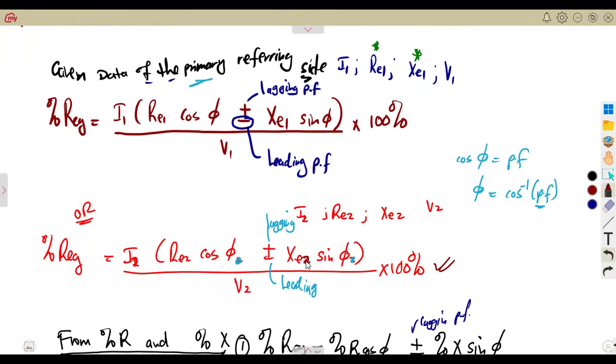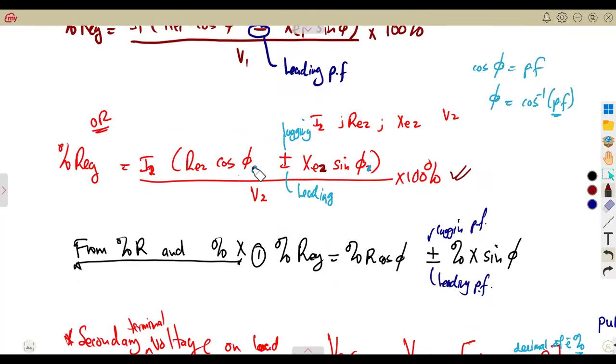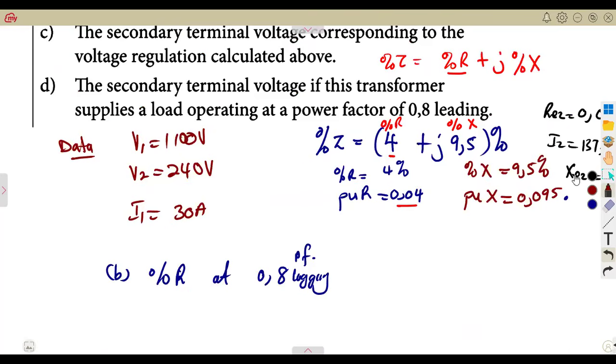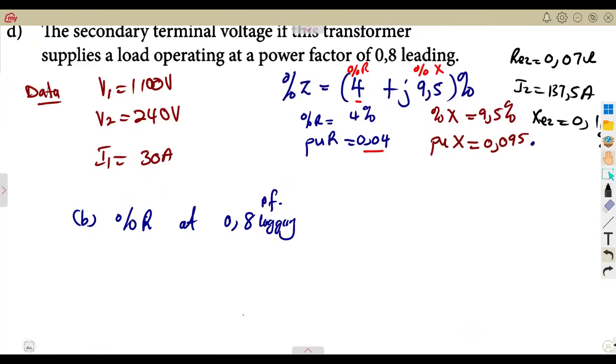Remember, that's a 2 there, so you must work with the secondary side. Or, if I have percentage resistance and percentage reactance, percentage regulation can also be calculated. So there are two formulas that you can actually use there. Let's start with the first one that I explained, which is the basic formula that we wrote, so that we understand our formula.